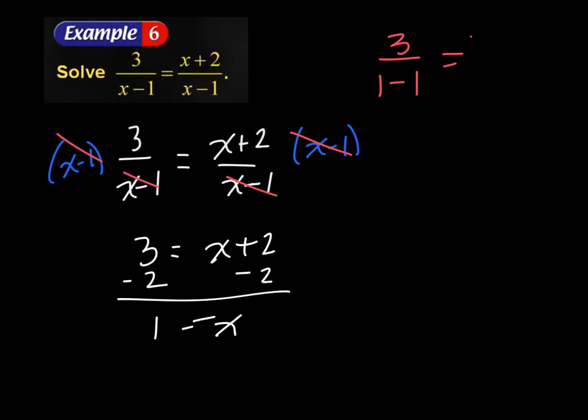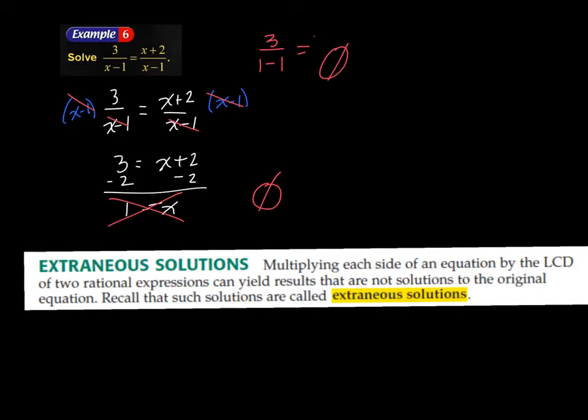Division by 0 is undefined. So I have to throw out my answer, and this is going to be a no solution problem. So it's really important to do a check step because multiplying each side of an equation by the least common denominator of two rational expressions can yield results that are not solutions to the original equation. Recall that such solutions are called extraneous solutions.